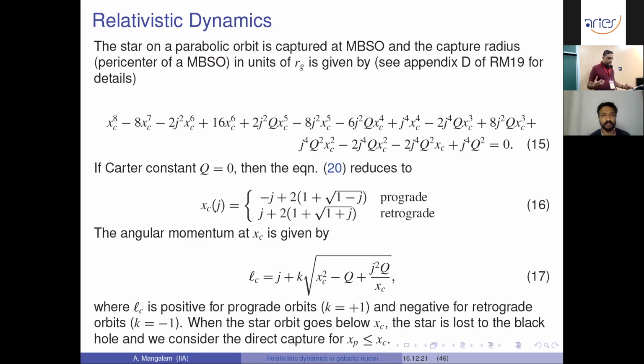So you try to compare the tidal radius, the pericenter, as well as the capture radius. When these different radii are at different magnitudes, they make a difference to the dynamics, and I'll explain to you how.